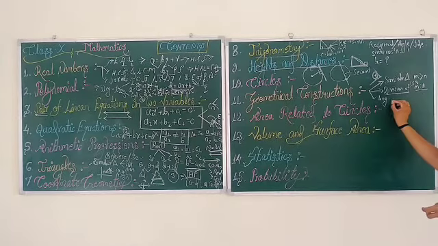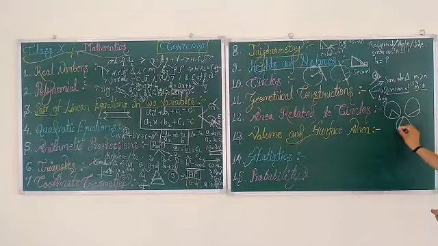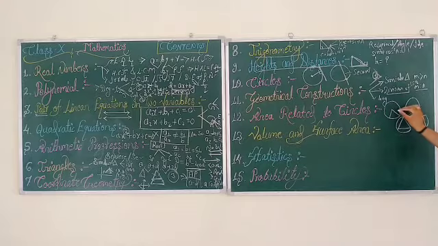In this chapter we will find out the area of the sector, area of the segment, circle inside the triangle and triangle inside the circle.